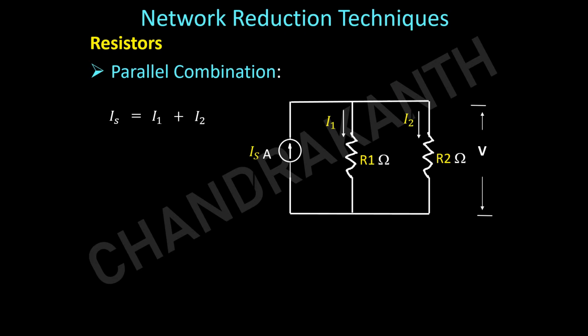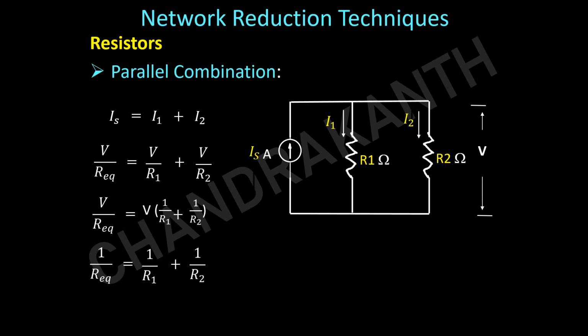Then if you expand these current expressions in terms of the voltage, I1 becomes V by R1, I2 becomes V by R2, and Is becomes V by R equivalent. The equation simplifies like this, the left hand side and right hand side get cancelled, and the rest of the equation becomes 1 by R equivalent equal to 1 by R1 plus 1 by R2.